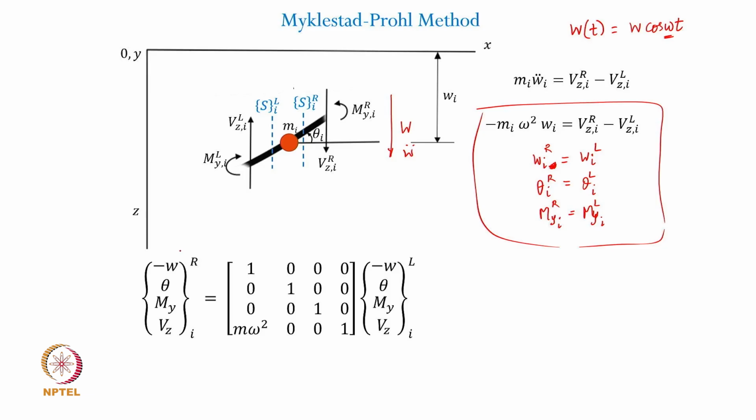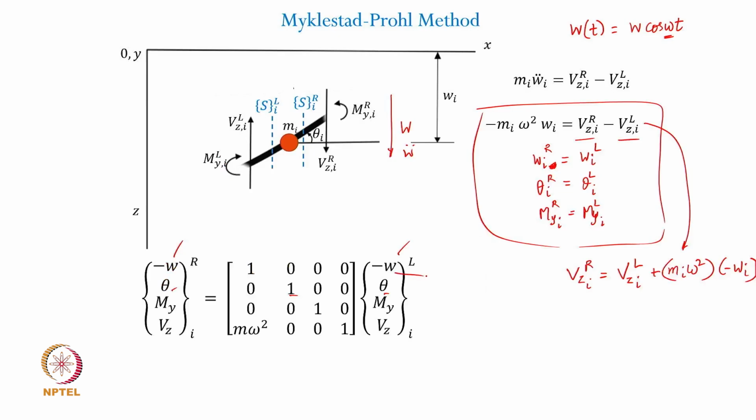Of course, WiR is equal to WiL, theta is equal to theta, and therefore all the diagonal elements will appear. So here also I can rewrite this as VZiR equal to VZiL minus, or I will write this as mi omega square into minus Wi, right?